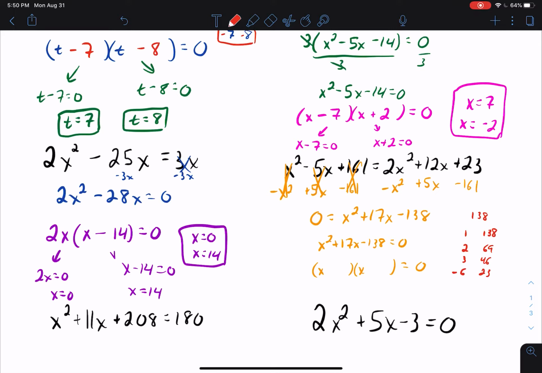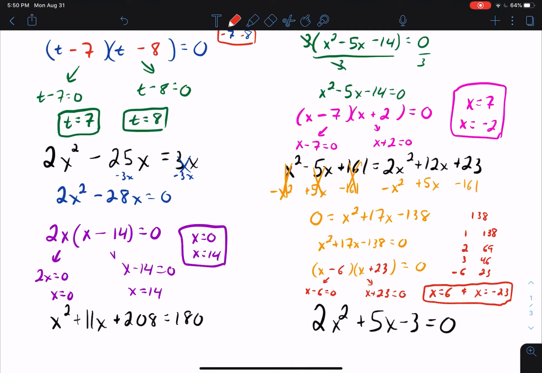Negative 6 plus 23, that's going to give me positive 17. So I'm going to have x minus 6 times x plus 23. That's going to equal 0. I branch these off and I set each factor equal to 0. And so I'm going to get x equals 6 and x equals negative 23.